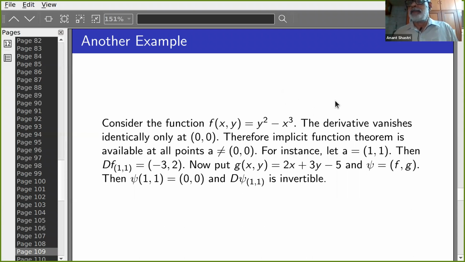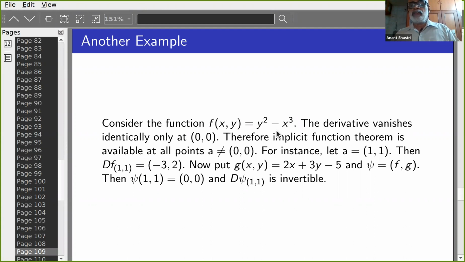There may be other parameterizations, but no parameterization will give you this curve around (0, 0) which will be regular. That is not involved here; the implicit function theorem doesn't say that. Actually, it says that because the function is given, not the parameterizations. So if you can solve it, then this curve should have been a regular curve at that point.